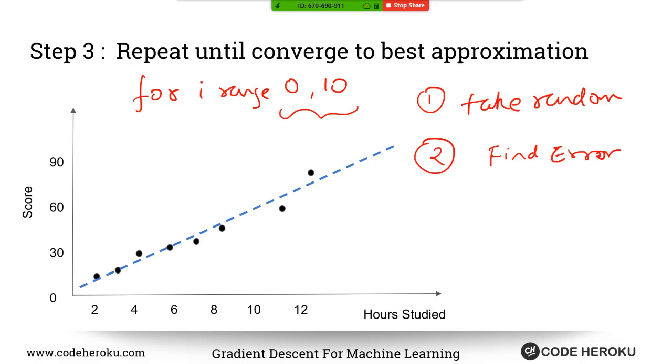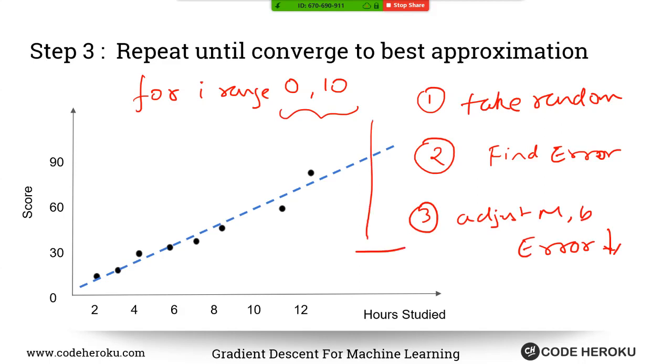Find the error, and third, adjust m comma b so that the error reduces, and then repeat. Okay, so then we'll go again and repeat for n times. So however many iterations you want, you can repeat it. After a point, we'll see that we'll get diminishing returns. So after that point, we are not getting a better line.